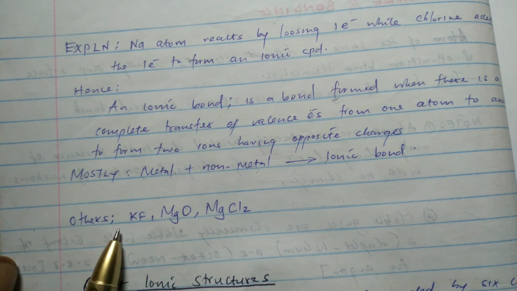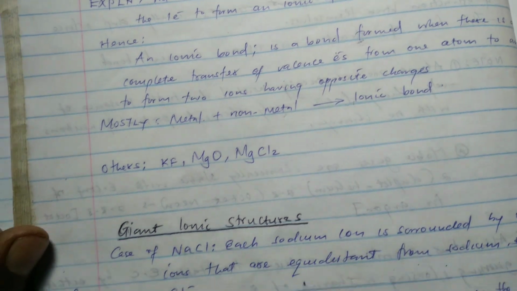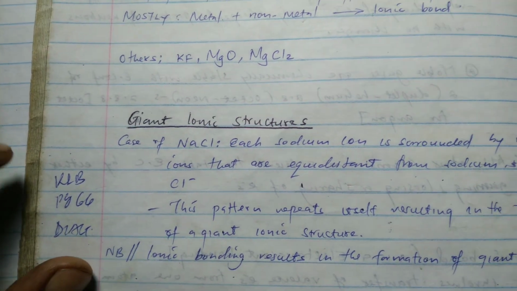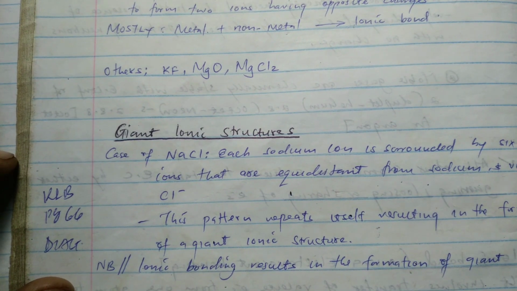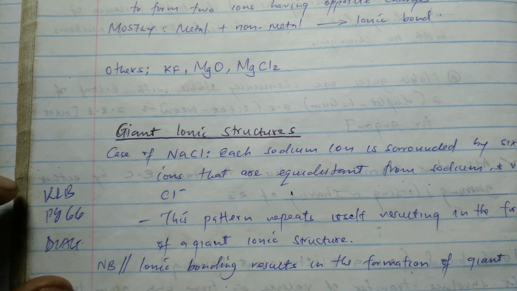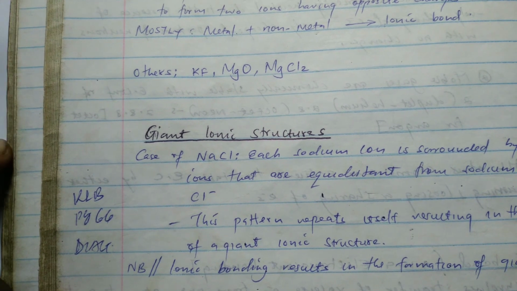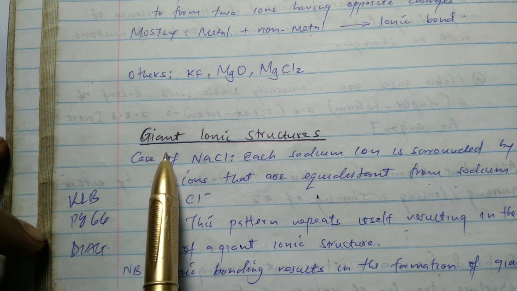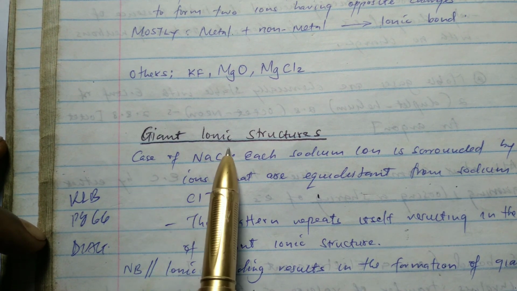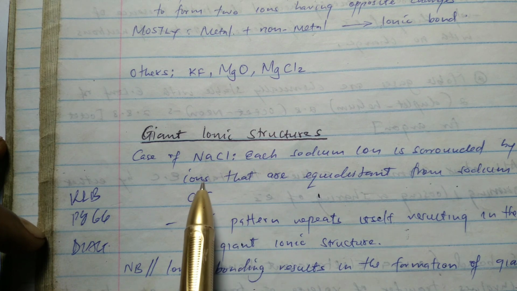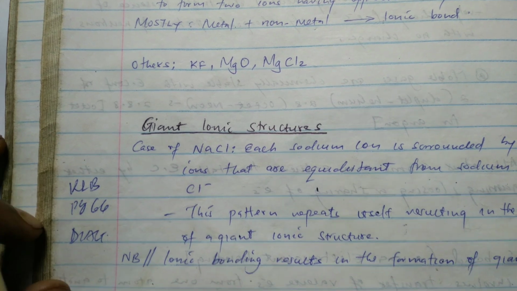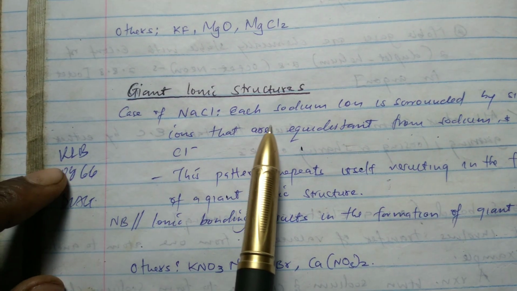Something more you need to know, because our topic is about structure and bonding, is that the ionic bond has its own structure, like a skeleton. That structure we refer to as a giant ionic structure. A good example is sodium chloride.